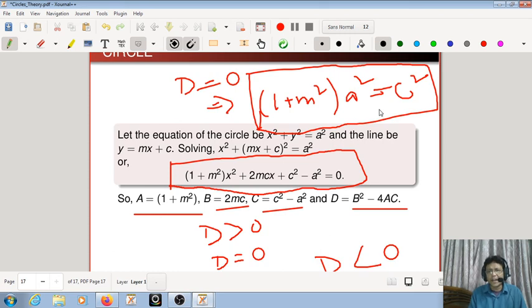This is the very important condition that the line touches the circle, or the line is a tangent to the circle. y = mx + c is a tangent to the circle x² + y² = a². So this gives you the condition of tangency. You can get the condition of tangency for the general equation of the circle also.